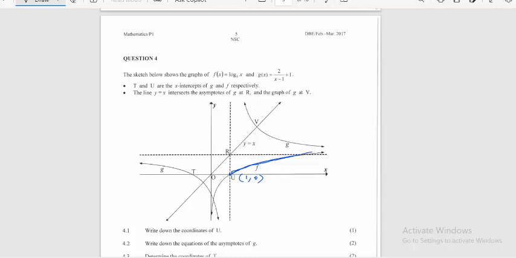And we know that values of x for which f of x is less than 0 will be this side, right? So how do you actually write that information down? You can start off by saying, okay, when x is greater than 1, right?